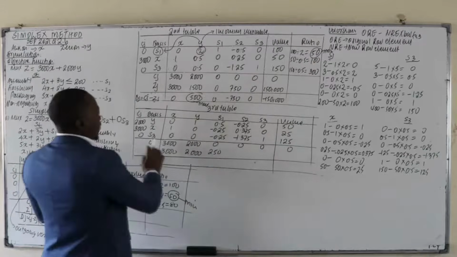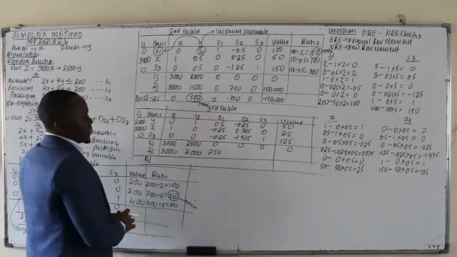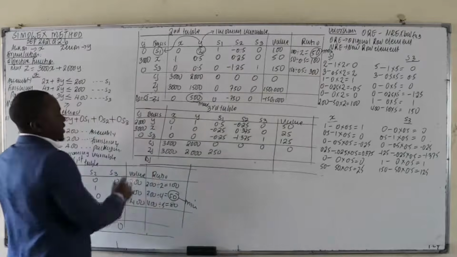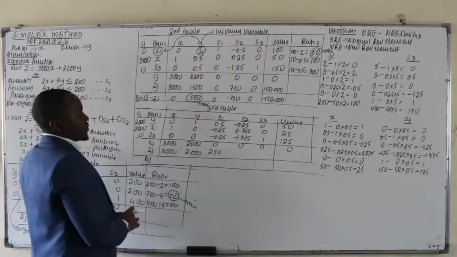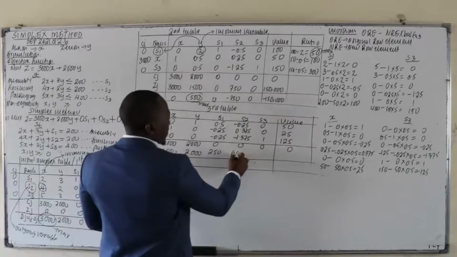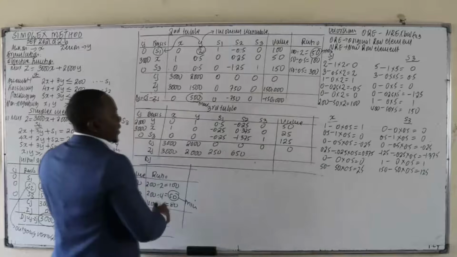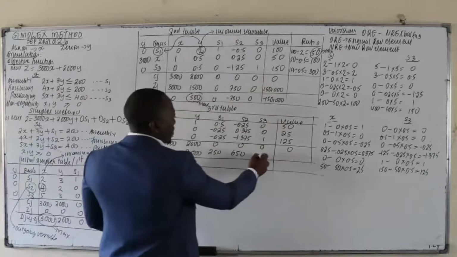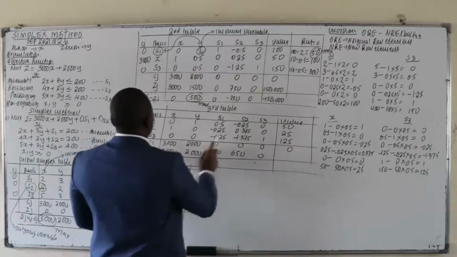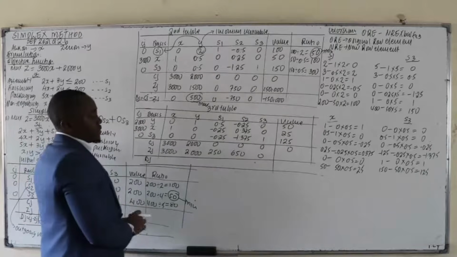Negative 0.25 times 2,000, you get negative 500. 0.375 times 3,000, what do you get? You're going to get 1,250 minus 600, you get 650. Then 50 times 2,000, that's 100. 25 times 3 is 75.